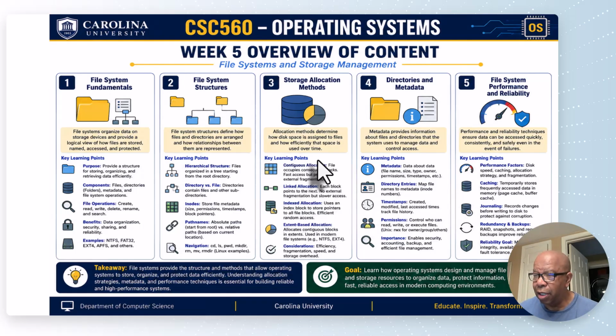Now, how is that different from contiguous? Contiguous says I'm going to have a piece of storage for my file, and then a piece of storage for somebody else's file, and then another piece of storage for my file. With linked, I can get directly from the first piece of my file to the second piece of my file.